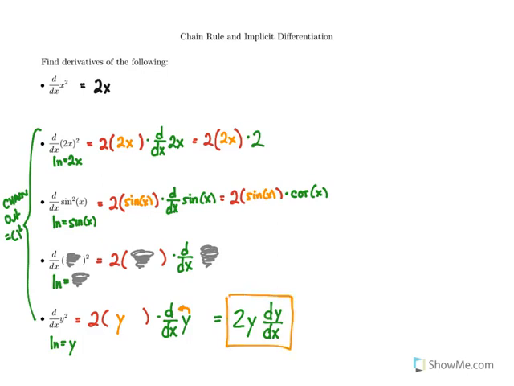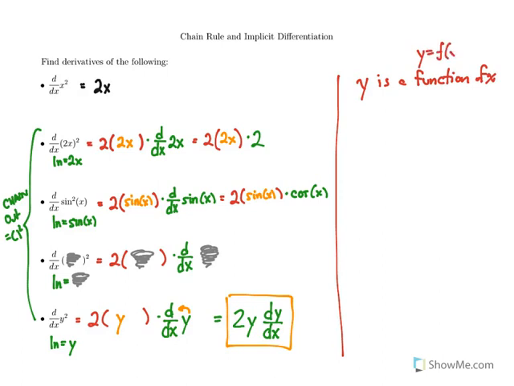This is implicit differentiation. And the idea is that y is a function of x, like y equals f of x. So when we're doing the derivative of y squared, it's like we're doing the derivative of f of x squared, which is 2 f of x times the derivative.